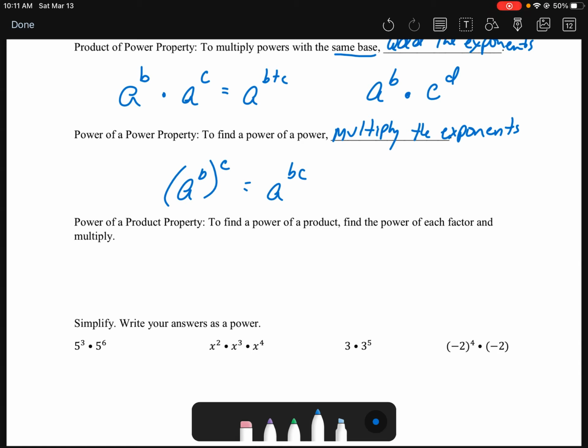To find the power of a product, you must find the power of each factor and multiply. So for example, if I had the quantity a to the b times c to the d, raised to the e power, this is the same thing as a to the be times c to the de. You can kind of think of it as we are distributing this e to both factors of this product.